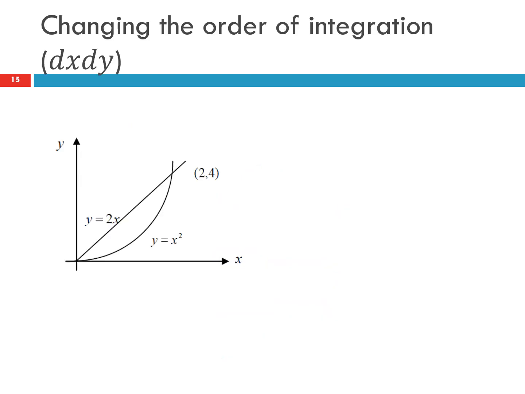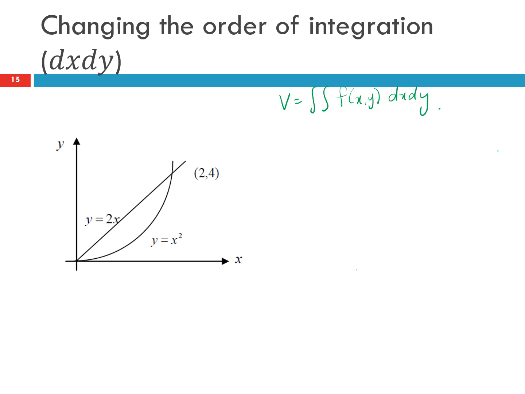So just now we had dy dx. You can also use dx dy to solve the integration. So let's try to change it to dx dy. So dx dy means that you need to have V equal to double integral f(x,y) dx dy.